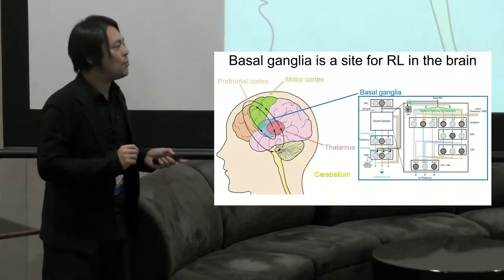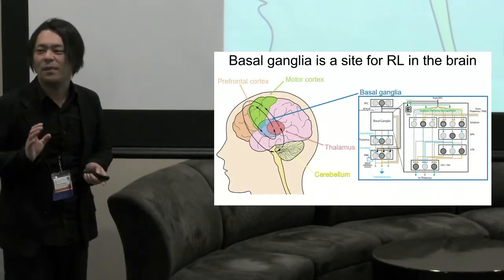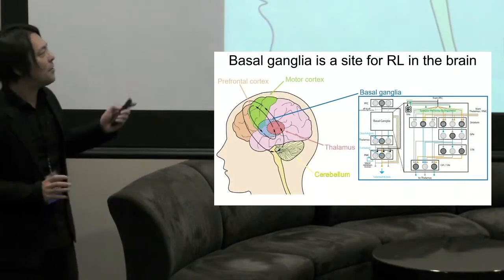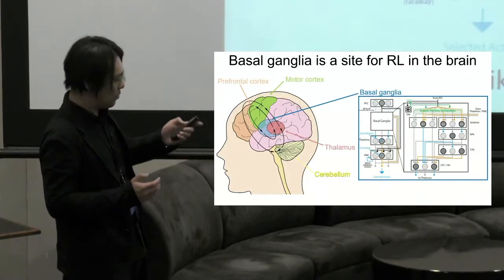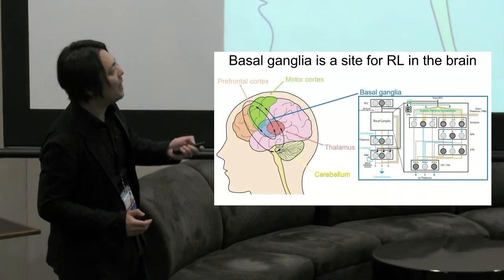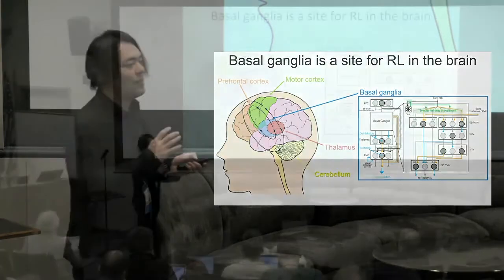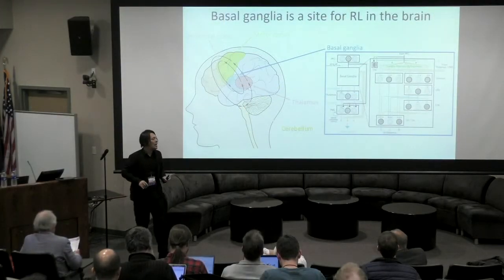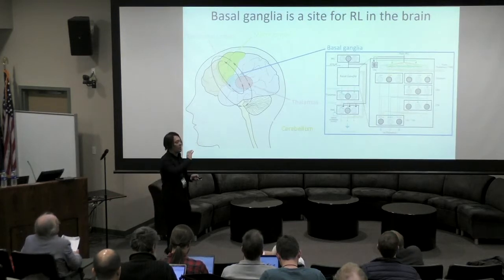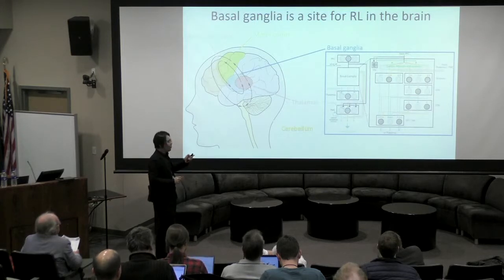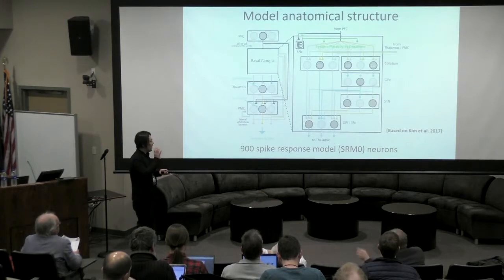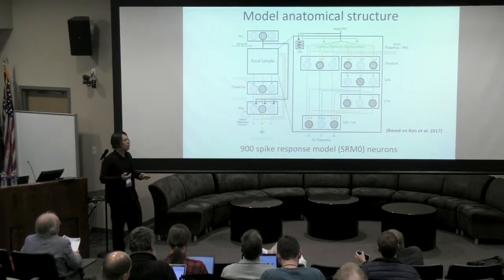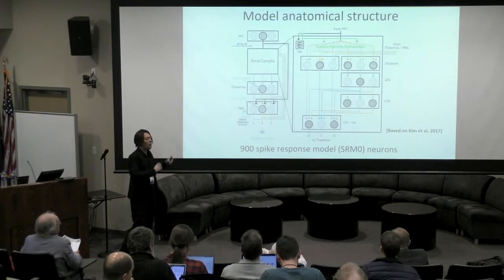And reinforcement learning is mediated by the basal ganglia in the brain. The basal ganglia has a quite difficult anatomical structure. It's composed of about 9 neuronal layers. We implemented this circuit based on the anatomical structure, and we employed 900 spike response model neurons to build this network model.